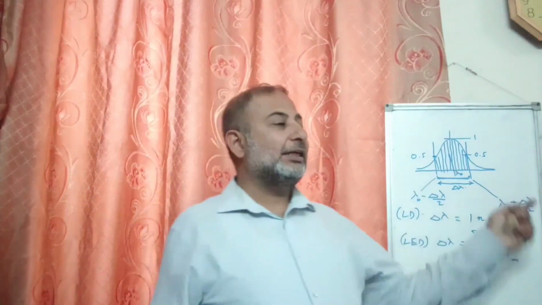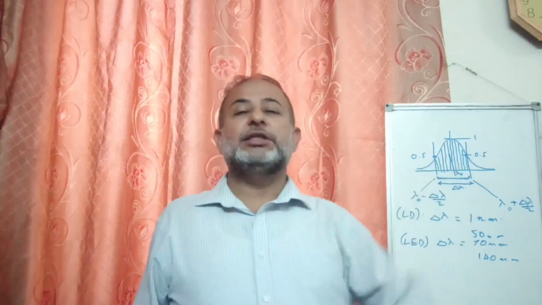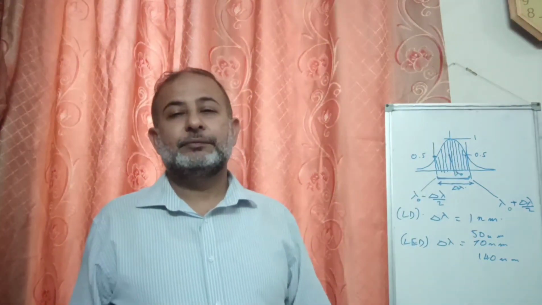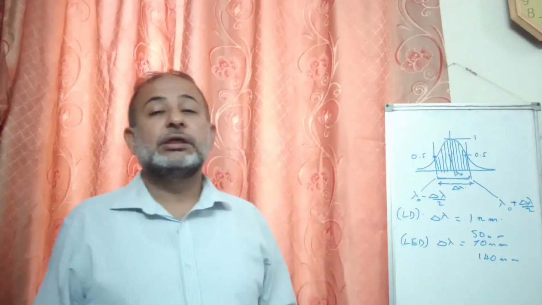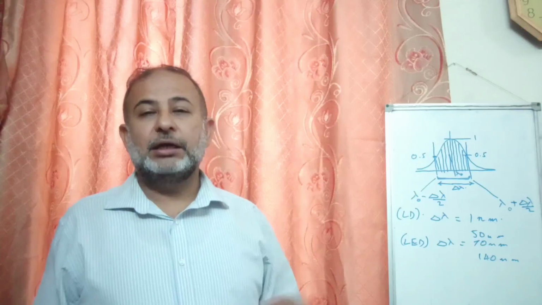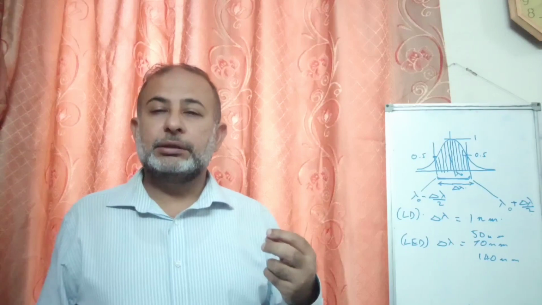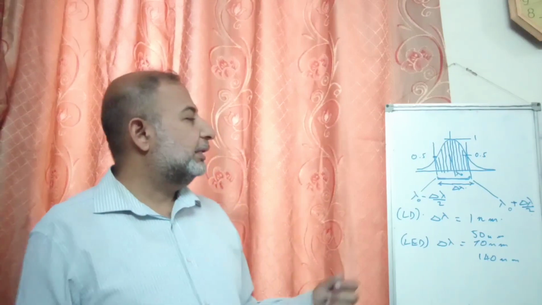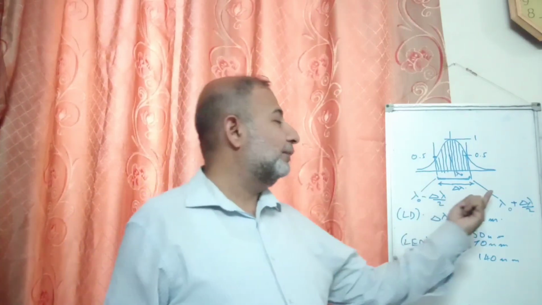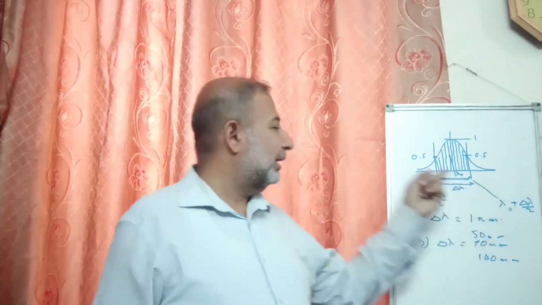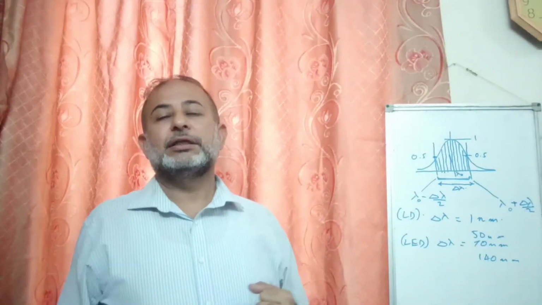Lambda naught plus delta lambda by 2 is the highest wavelength, and it reaches the destination earliest. And lambda naught minus delta lambda by 2 is the smallest wavelength, and it reaches the destination the latest. So there is a difference between the time of arrival of this wavelength and this wavelength. This difference creates the dispersion.